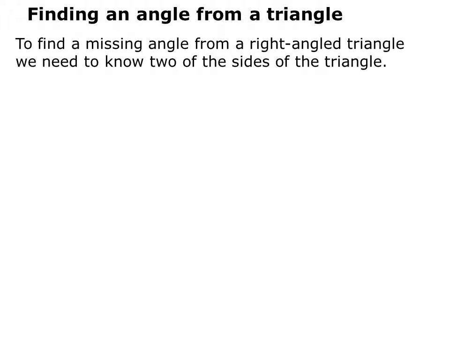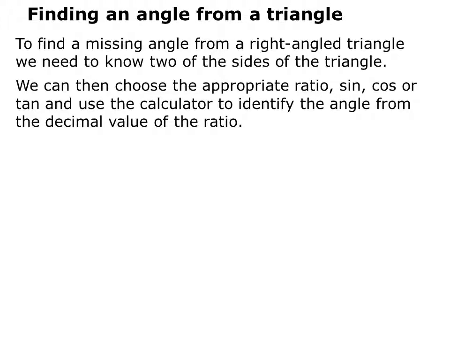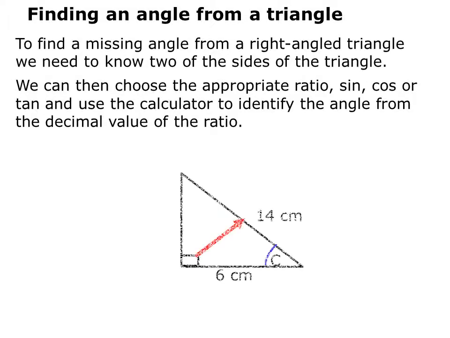In this slide, we will learn how to find an angle from a triangle using the trigonometric ratios. To find a missing angle from a right angle triangle, we need to know two sides of the triangle. We can then choose the appropriate ratio, sine, cos, or tan, and use the calculator to identify the angle from the decimal value of the ratio.